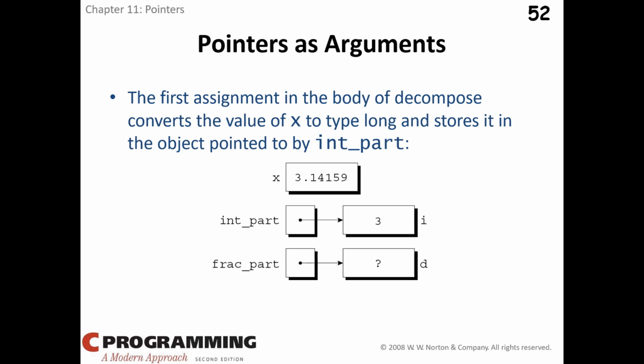To clarify, when we say the object pointed to by integer part, we're referring to the variable whose address is stored in the integer part pointer. In other words, integer part points to a specific memory location where a long integer value will be stored.